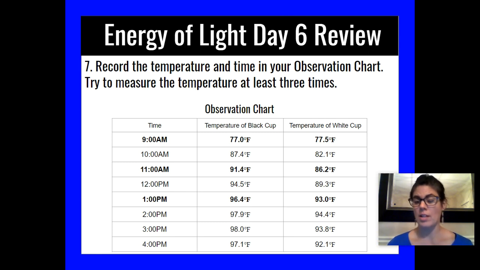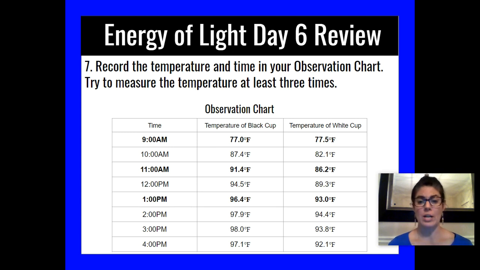At noon, the temperatures kept rising. The black cup measured at 94.5 degrees Fahrenheit, and the white cup measured at 89.3 degrees Fahrenheit. At 1 o'clock, the black cup was 96.4 degrees Fahrenheit, and the white cup was 93 degrees Fahrenheit.